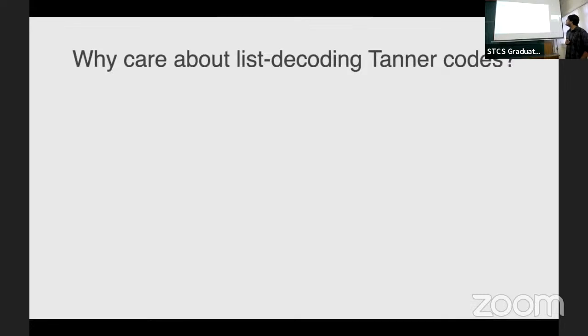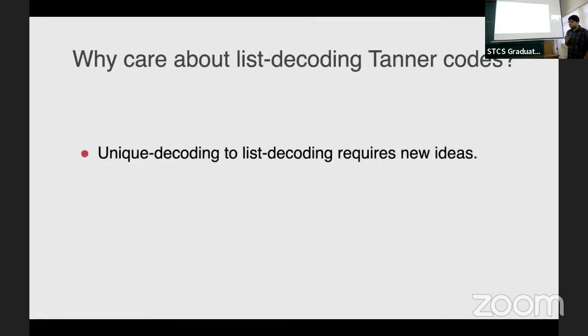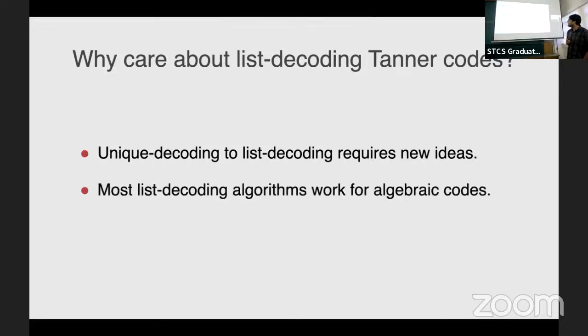Okay, why care about decoding these codes? Well, first of all, given that decoder progress has been stalled at delta over 2 for a while, it seems like going from unique decoding to list decoding requires new ideas in terms of algorithm design. Most list decoding algorithms that we do know of work for algebraic codes, so Reed-Solomon codes, etc. And in Tanner codes, there's not much algebraic structure to work with.